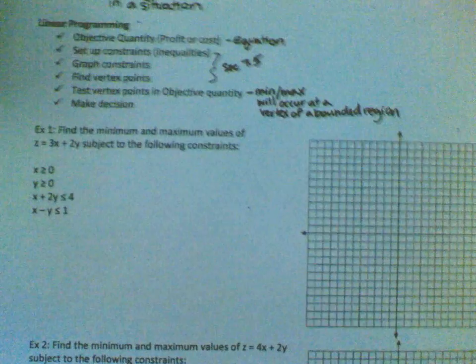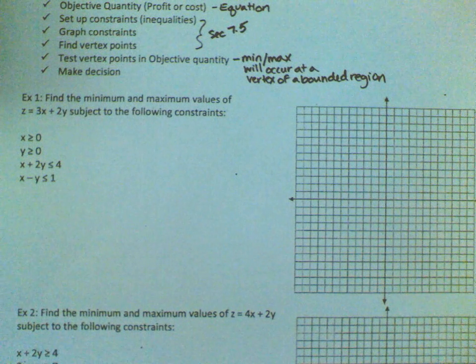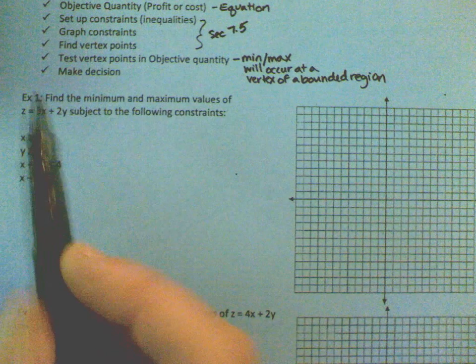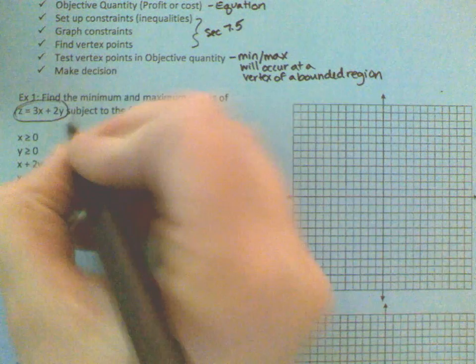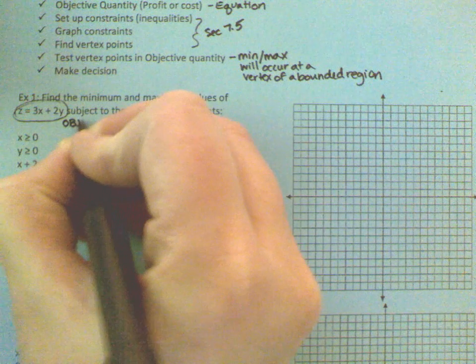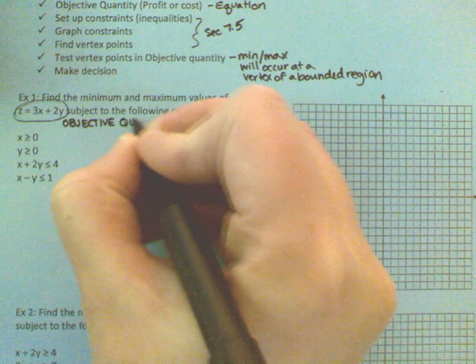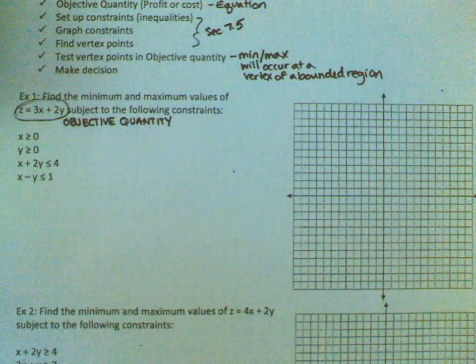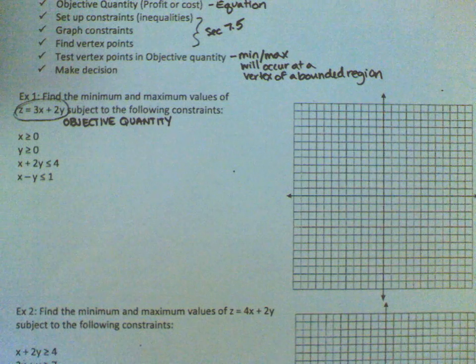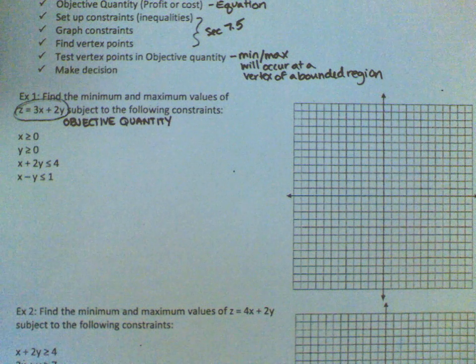It says, find the min and max values of z equals 3x plus 2y. This right here is your objective quantity. We'll come back to that at the end so that we can plug our vertices in and see which one provides minimum and maximum values.